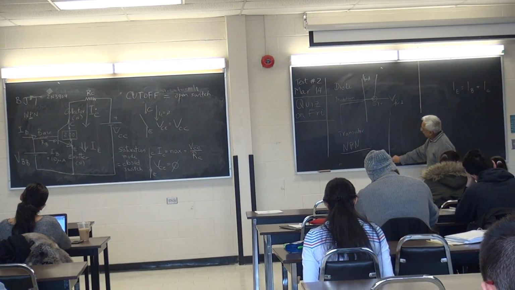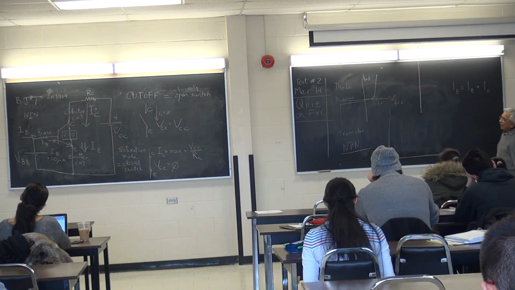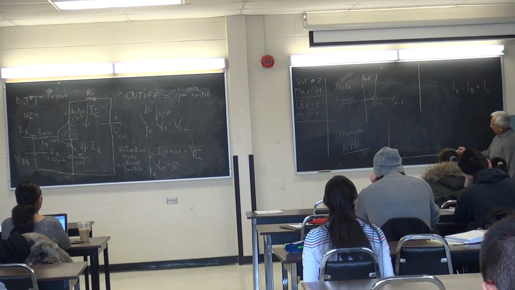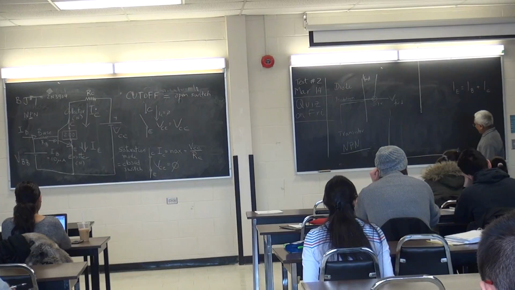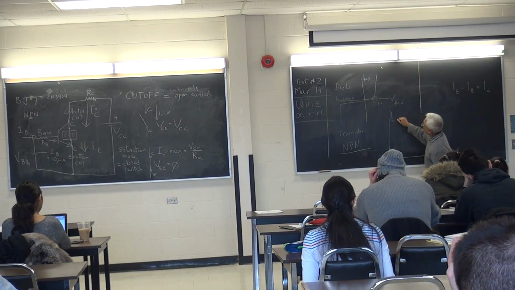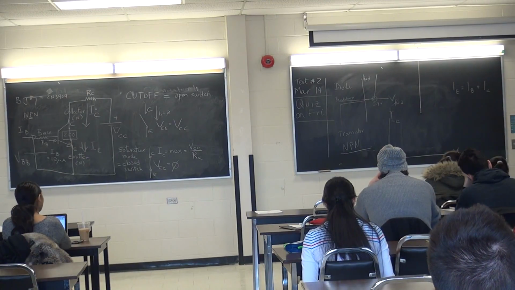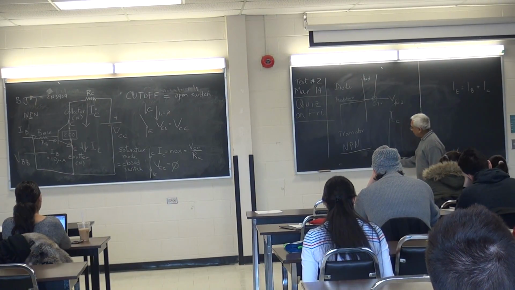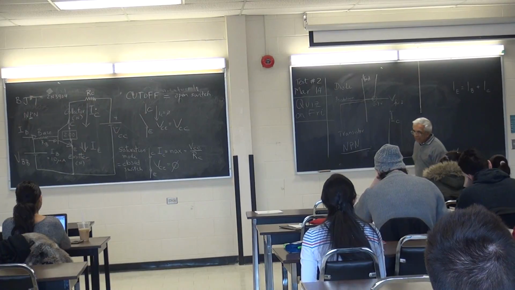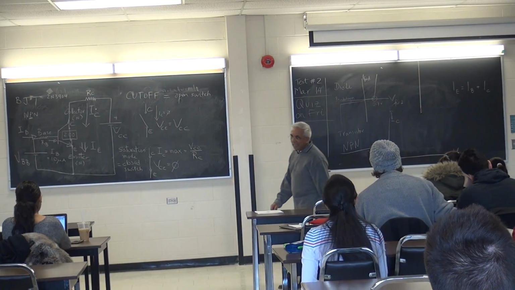So, what we do is we draw a graph like this, horizontal, VCE, vertical, IC. Okay, with a 0 here. Why are we interested in VCE and IC?